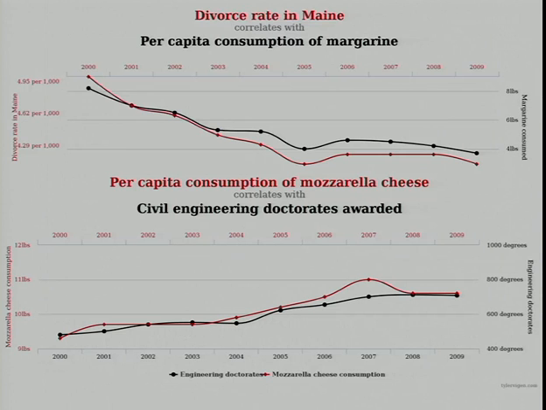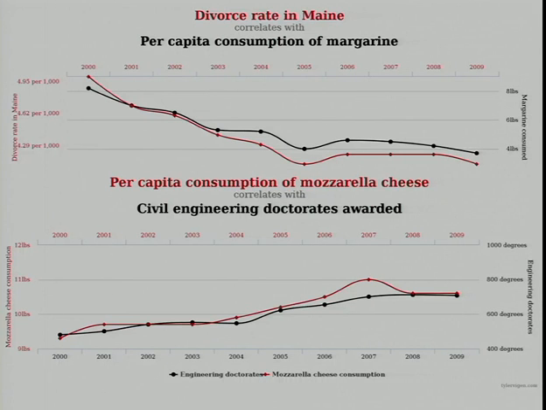Here would be two other ones, just to remind you of that point and make that more dramatic. Consuming less margarine seems, at least in the state of Maine, to be strongly correlated with lower divorce rates. That makes absolutely no sense, right? That probably is not going to lead to any interesting causal claims.